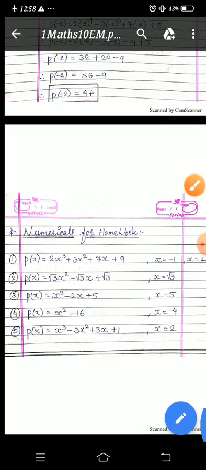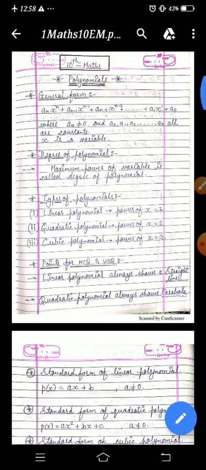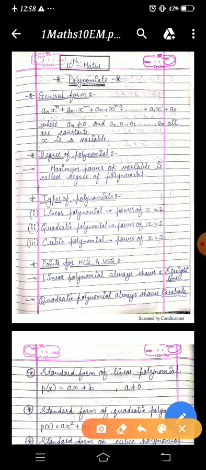Now we are taking a quick revision of today's topic. First of all, we studied the general form of a polynomial, given by a_n x raised to n plus a_(n-1) x raised to n minus 1 plus a_(n-2) x raised to n minus 2, up to the last term, the constant term a naught, where a_n must not equal 0 and all the other a terms are constants, whereas x is known as the variable.